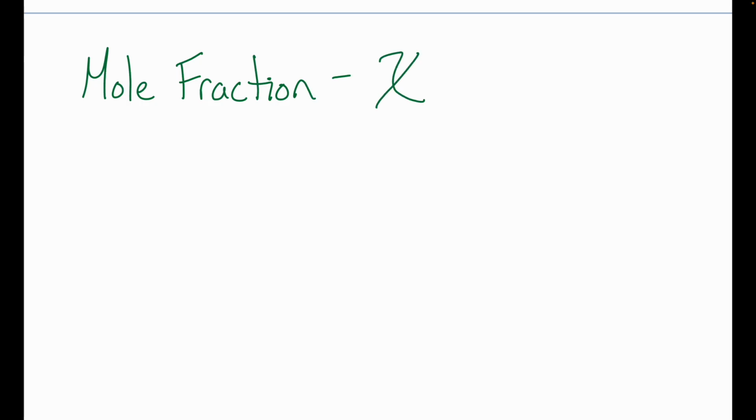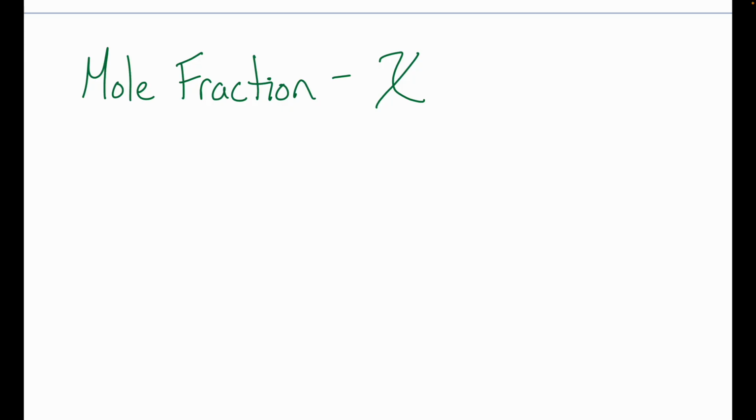This is what's called a mole fraction. Okay, this may sound familiar from last semester, specifically when you were talking about the ideal gas law and partial pressures. You would have been introduced to this idea of mole fraction. For mole fraction, we use this very fancy X. It's uppercase chi in the Greek alphabet.